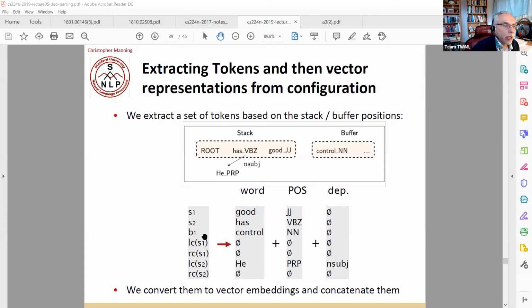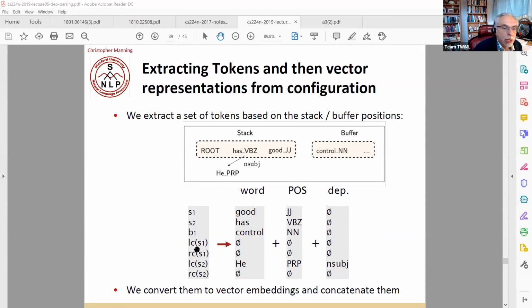And then B1 is the first word in the buffer, which is control, and its part of speech is NN, which I think means a singular noun. So it's a schematic for that 3 times D embedding. It only has 2 parts because the third part, the dependency, is null in this case. So I think that's how we can understand what S1, S2, and B1 mean.